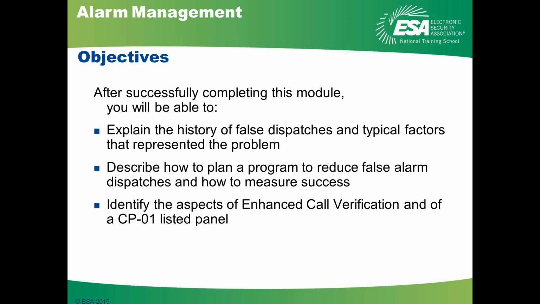These two are important because a lot of jurisdictions have passed ordinances, or even states now require ECV from the state level, but there are a lot of city ordinances saying that only CP01 equipment shall be installed in their jurisdiction. So that's why this is one of the objectives of alarm management.